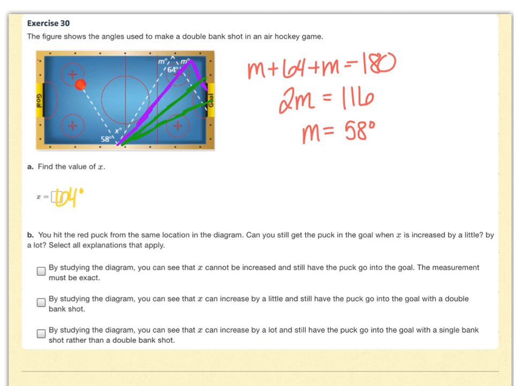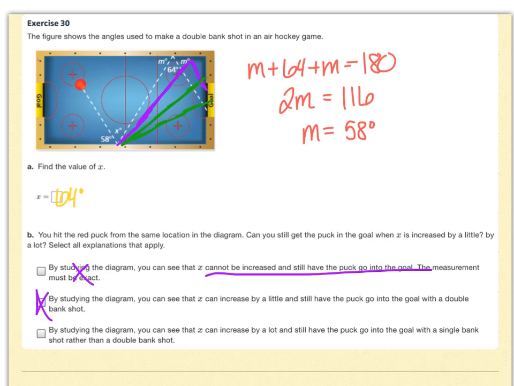So when we go to answer our questions down here, it says by studying the diagram, you can see that x cannot be increased and still have the puck go in the goal. That's not true. It does not have to be exact. It says by studying the diagram, you can see that x can be increased by a little and still have the puck go into the goal with a double bank shot. That is true.